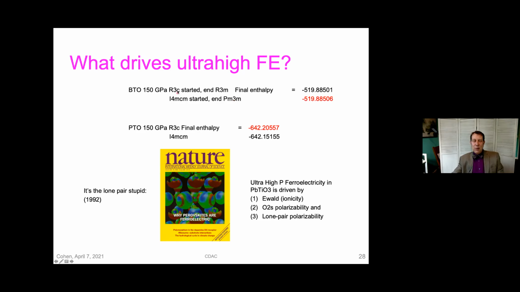And if you start with the R3c, it converges to R3m, but it's the same energy as the cubic case. So it really looks like barium titanate is not ferroelectric at 150 GPa. This, by the way, is contrary to Kornev and Balazs's results from some years ago. You can compare this with lead titanate, where you have this very strong ferroelectricity. So I'm coming to my bottom line here.